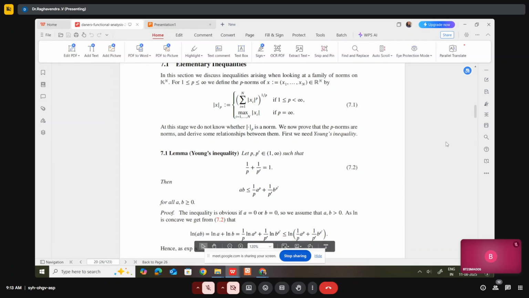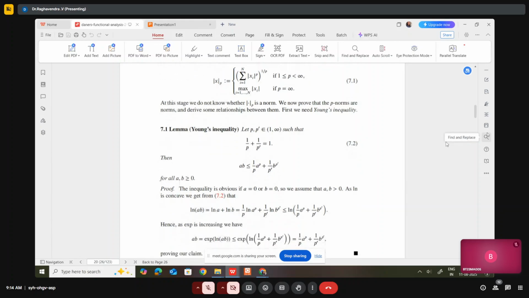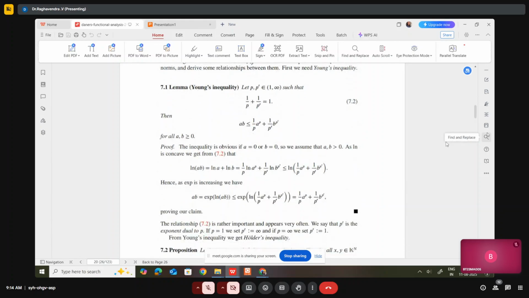So we were trying to do the Young's inequality. ab is less than or equal to 1 over p a raised to p plus 1 over p prime b raised to p prime. Condition is that a and b both are positive. There are many proofs. One of the proofs given here uses the fact that the logarithm is a concave function.